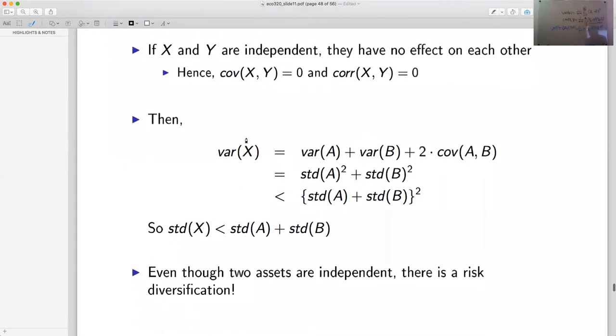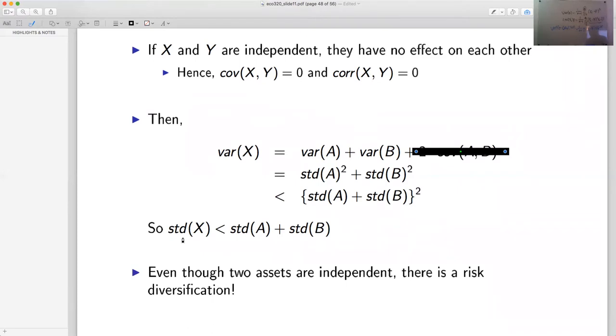If this is the case, we know the variance of x, which was the formula from the previous case, is equal to the one below, because this term is equal to zero. So the variance of B is the standard deviation squared, and the variance of A equals the standard deviation of A squared. Because if they are independent, this term would equal zero, which is less than this square.